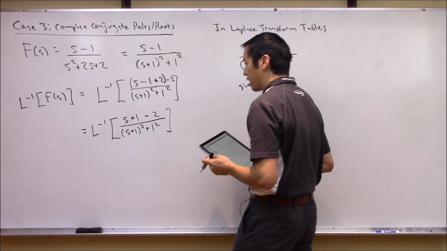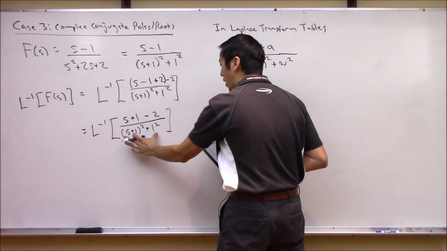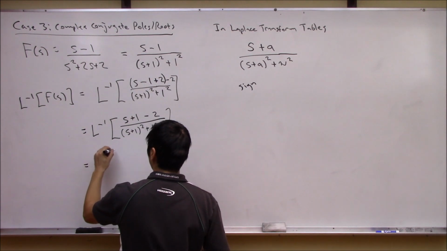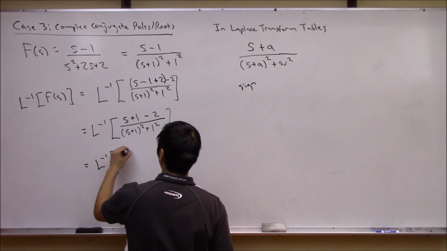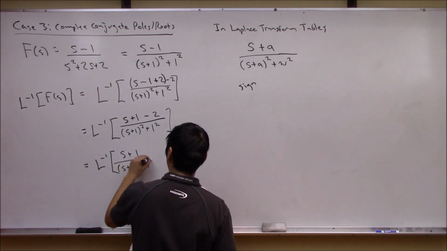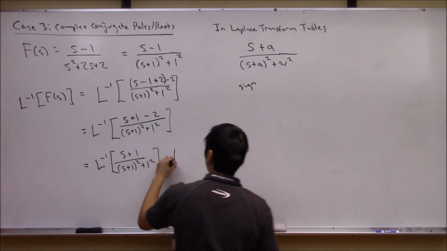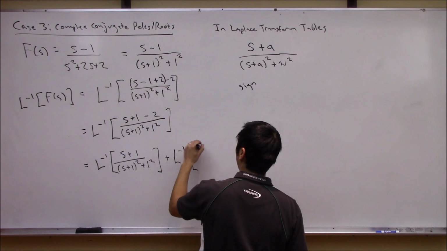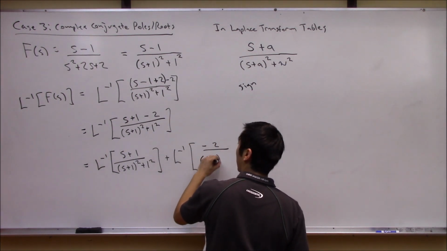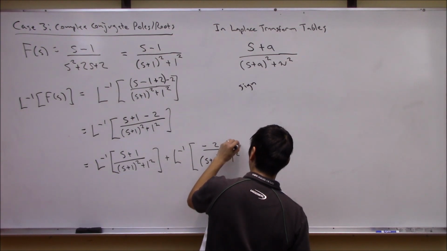Everyone agreed I haven't done anything yet, right? Now let's break this up into 2 terms. So we end up with the inverse Laplace transform of s plus 1 all over s plus 1 squared plus 1 squared plus the inverse Laplace transform of negative 2 all over s plus 1 squared plus 1 squared.